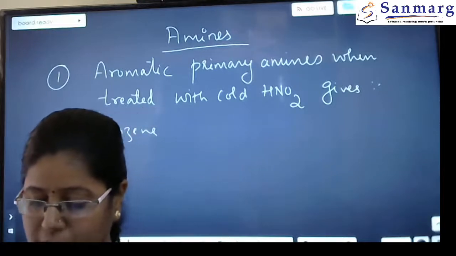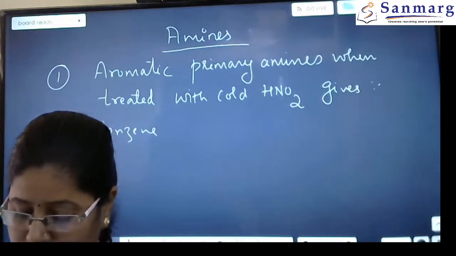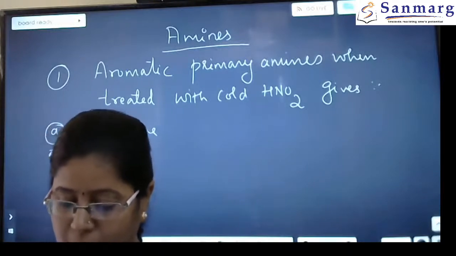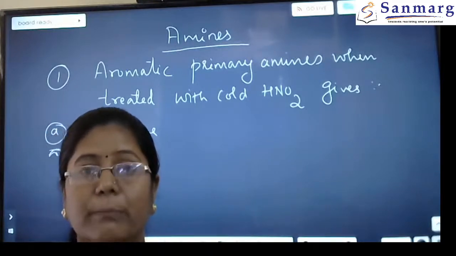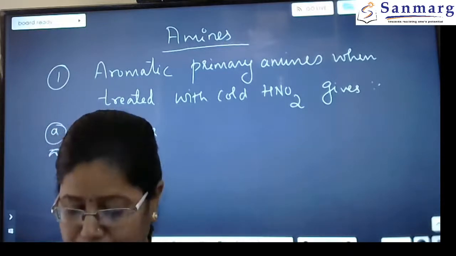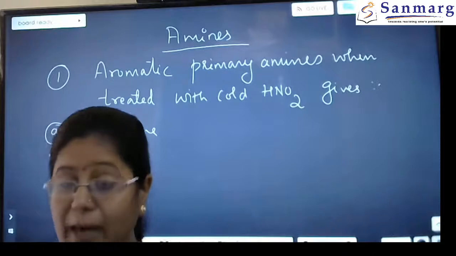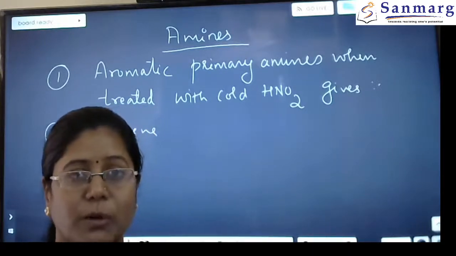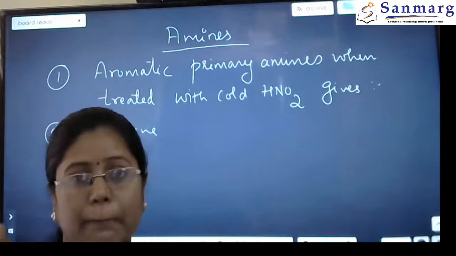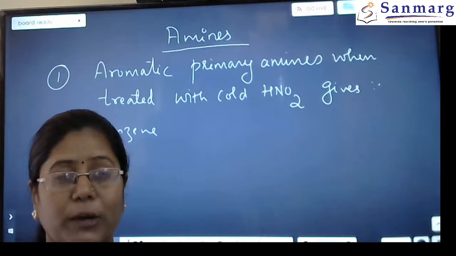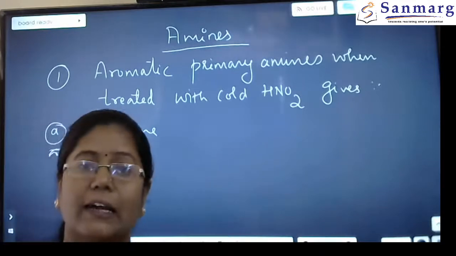See, the question asked here is which compound is formed when benzamide, an amide, benzene amide, is warmed. An amide will have a C double bond O NH2 group. Benzamide is warmed with bromine water in presence of alkaline media.